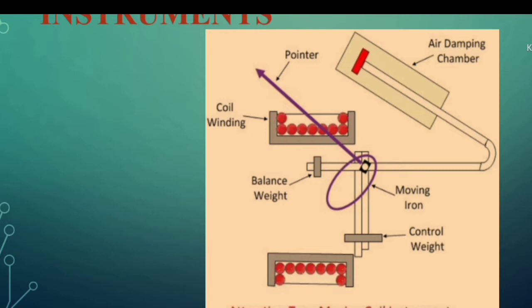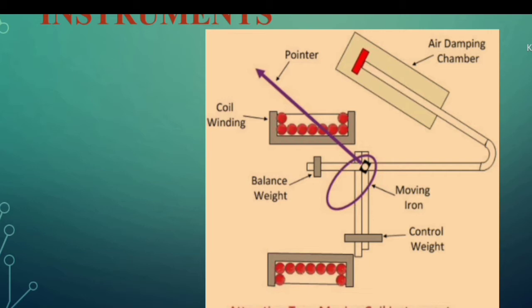The moving system here is the soft iron disc, and the magnetic system is the electromagnet, obtained by passing current through the coil wound around a cylindrical structure. The third one is the controlling torque, obtained by means of a spring balance, the counterbalance operated by a control weight placed there. For the damping arrangement, we make use of pneumatic damping.